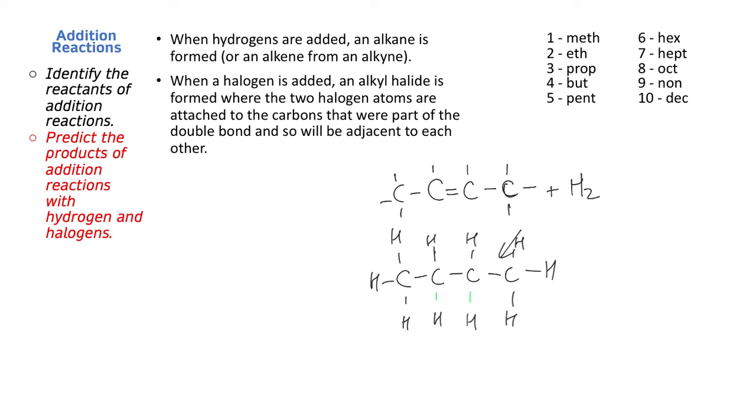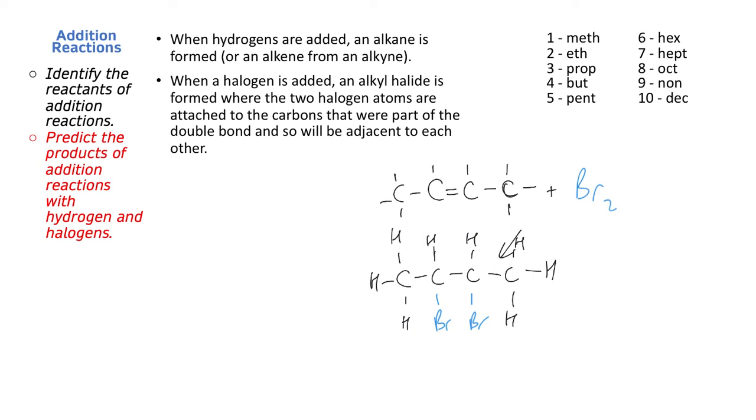But when a halogen is added, let's take away these hydrogens and instead add a halogen, such as Br2. The bromines will be attached to those two carbons. Wherever the double bond was across those two carbons, that's where the Br will go, so they'll be adjacent to each other.